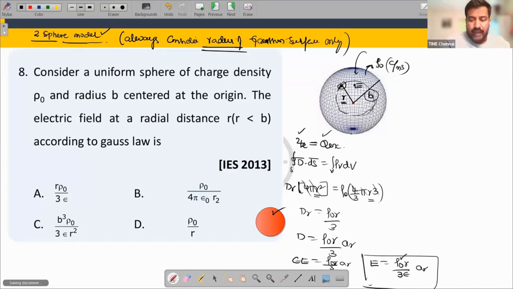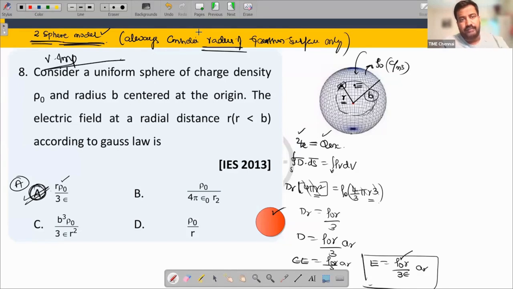I want the magnitude. Magnitude is rho naught r by 3 epsilon. Option A is the answer. And this model is also called the two sphere model. Very important model. Any doubt?